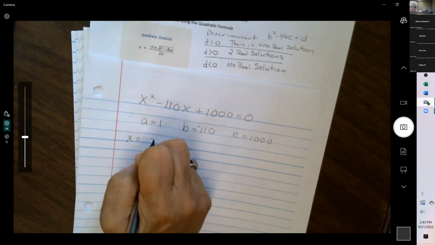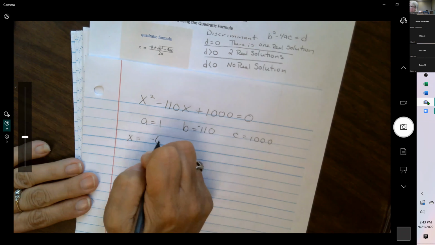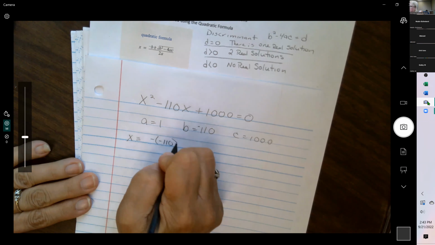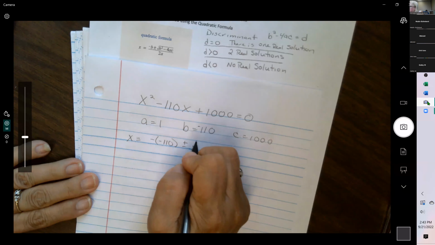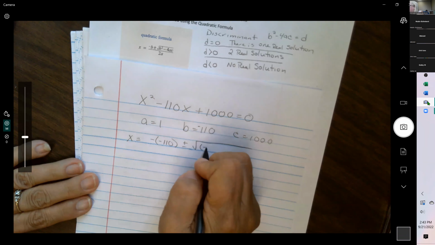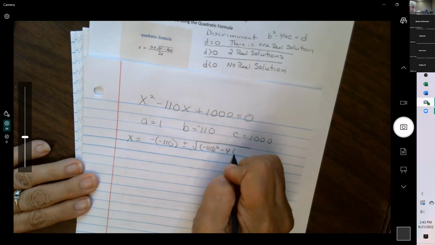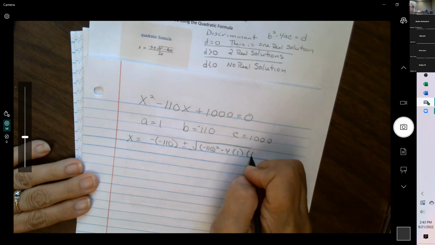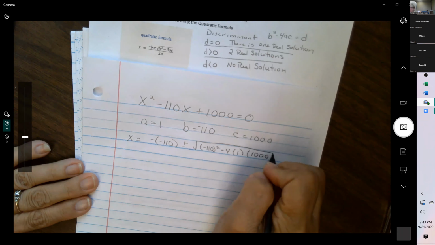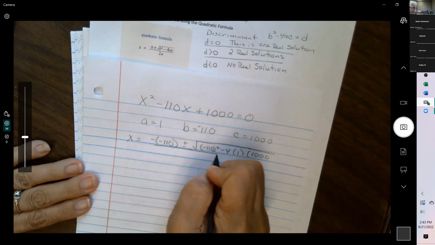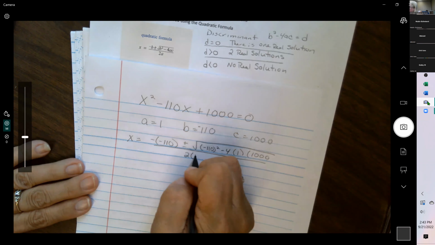So it's a negative B, so negative times -110, plus or minus the square root, -110 squared, minus 4 times A times C, all over 2 times A.